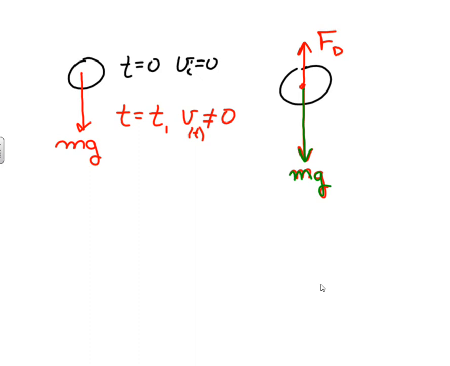So let's think about it. If you're falling through the air, what variables would affect how much friction or how much air resistance there is? The surface area of the object itself. So that makes sense, doesn't it? That's what parachutes are all about, right?